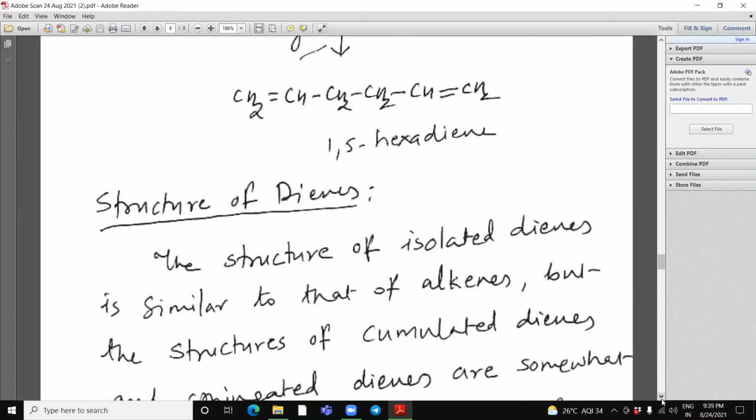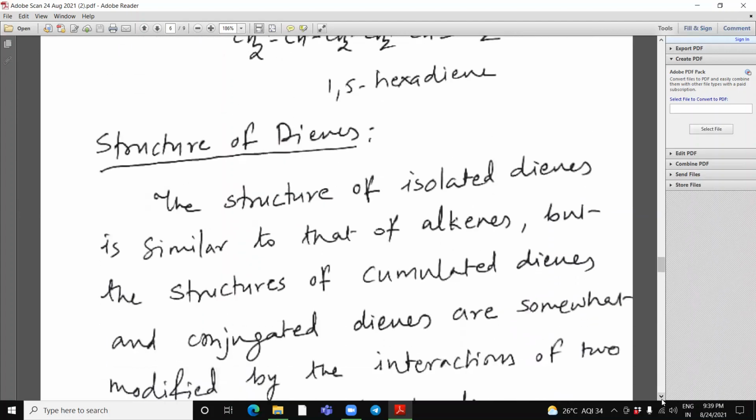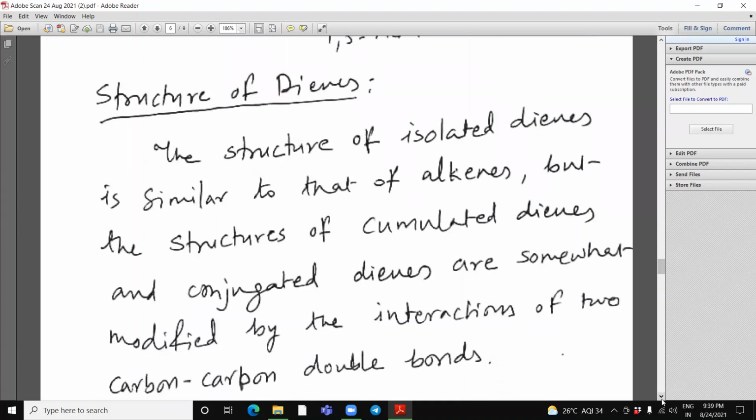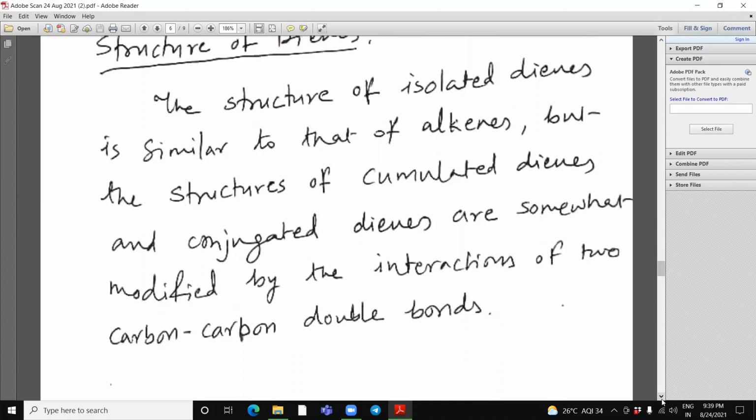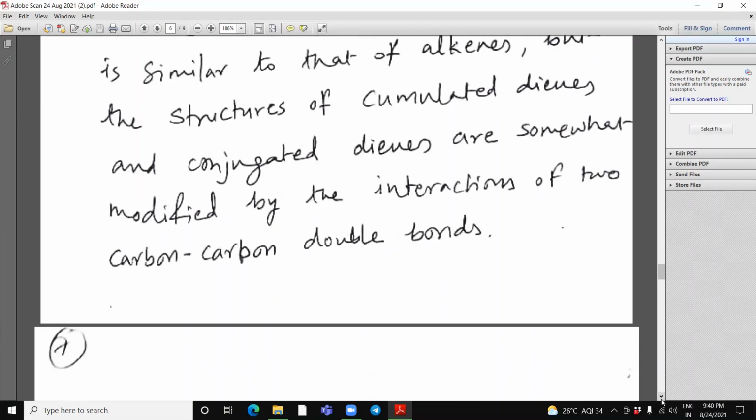1,5-hexadiene. Structure of dienes. The structure of isolated dienes is similar to that of alkenes, but the structures of cumulated dienes and conjugated dienes are somewhat modified by the interaction of two carbon-carbon double bonds.